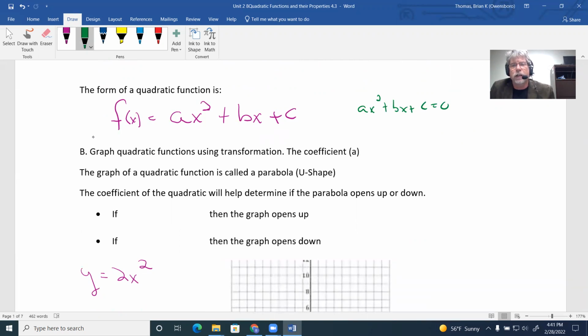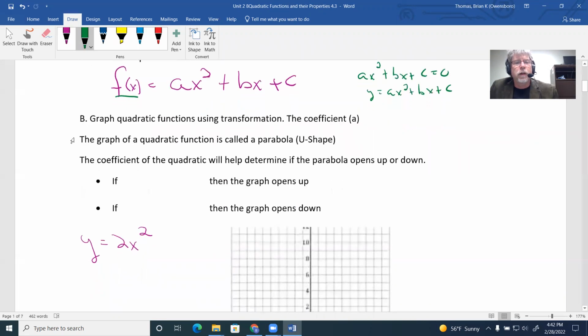So now it's becoming an input-output. So now writing this as y equals ax squared plus bx plus c, so that we're no longer calling the y value 0. It's now going to be depending on what the x value is. So we're going to create these input-output tables. And of course, instead of using the y, we can now use this fancy notation, f of x, for our function.